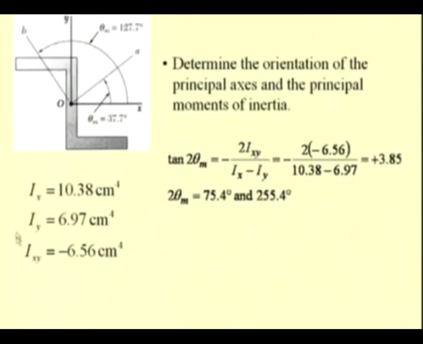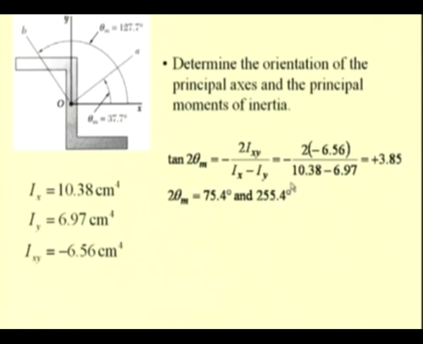Since we have determined these quantities, we can determine this value. So, one is 75.4 and the other is 2 theta m plus 180, which is 255.4 degrees.